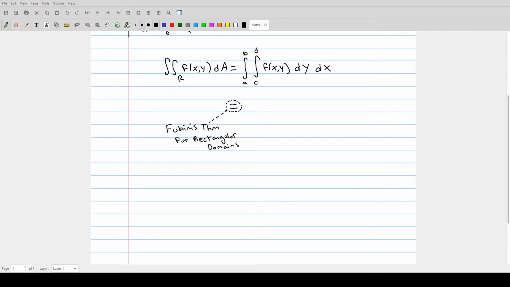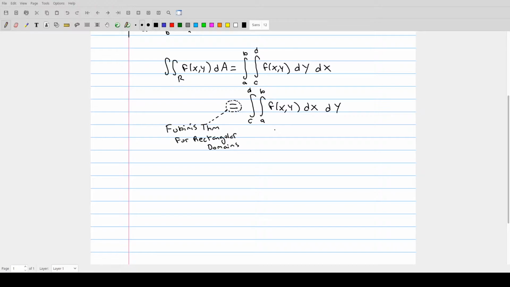We can integrate with respect to y first and then with respect to x, or instead we could consider the double integral of the function f of x y dx dy, where x is going from A to B and y is going from C to D. So Fubini's theorem says that we can always do this.